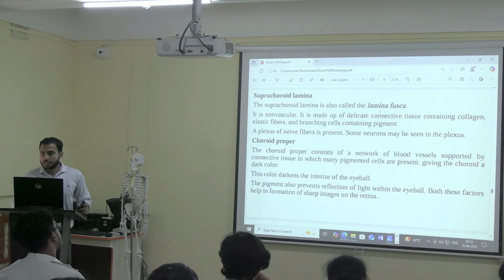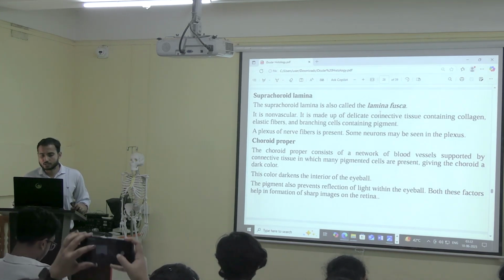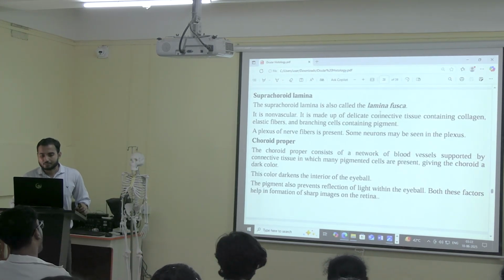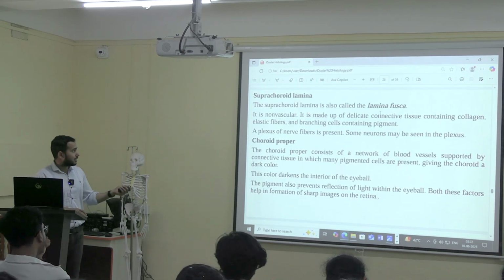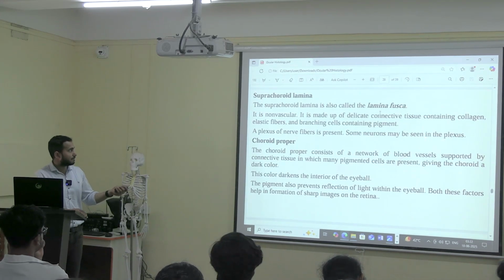The suprachoroidal lamina is also called lamina fusca. It is a non-vascular, delicate connective tissue containing collagen, elastic fibers, branching cells containing pigment, and a plexus of nerves, and some sensory neurons are also present in the plexus.